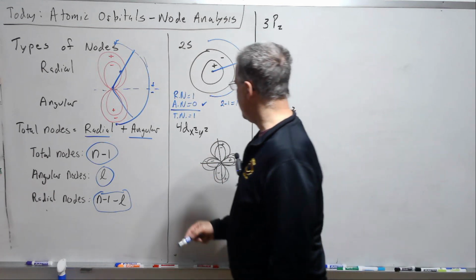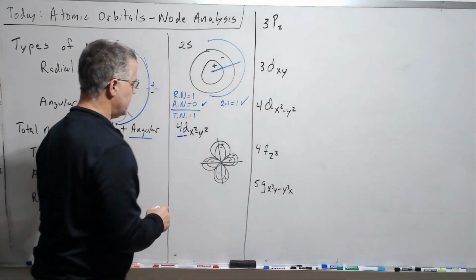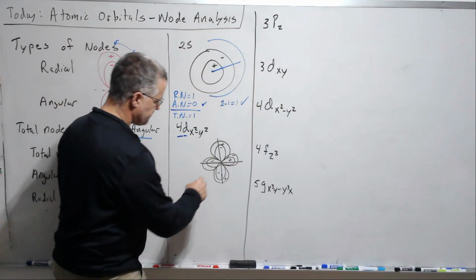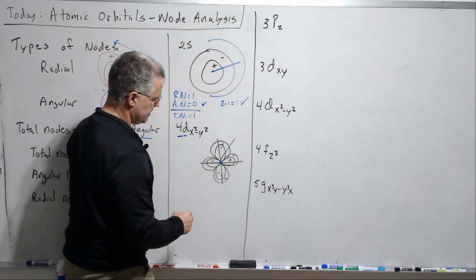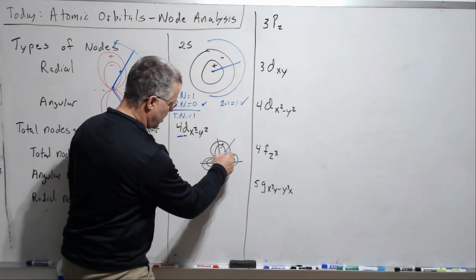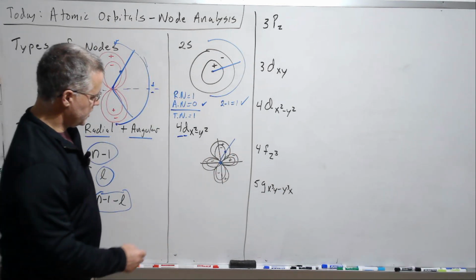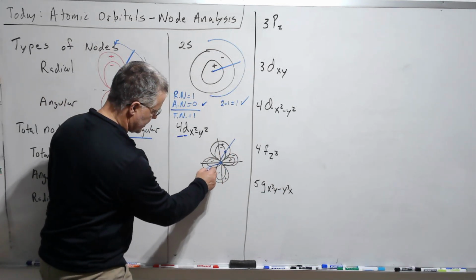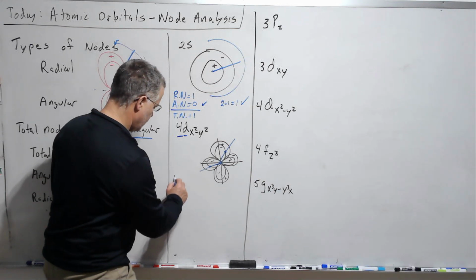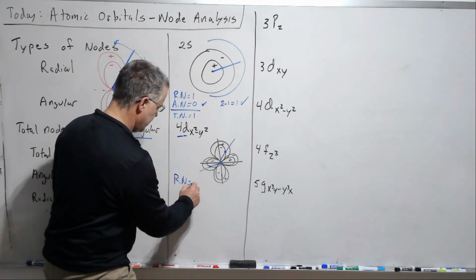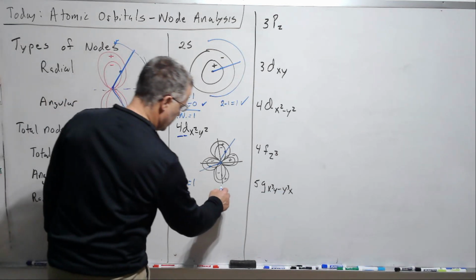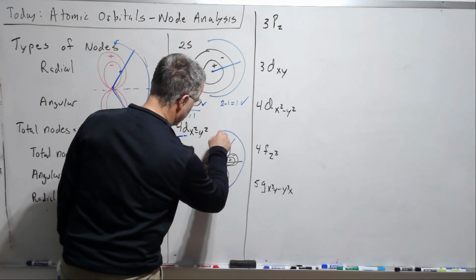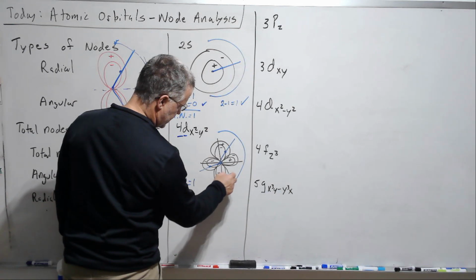Let's look at this one, 4d x squared minus y squared. Well, I'll start here at the center, and I'll work my way out, and I get 1 radial node. And this would happen if I go in any direction here. So radial nodes equals 1 here. Let's do angular nodes. I'll start here. Now here I'm plus, here I'm minus.